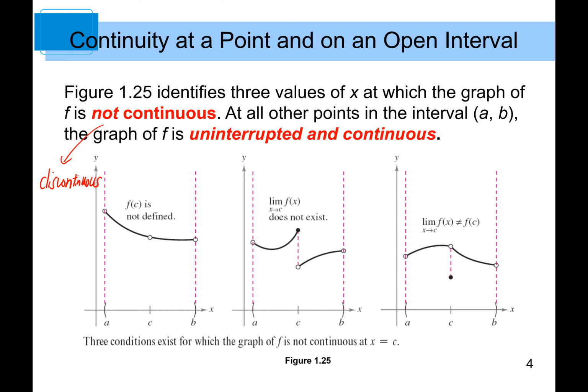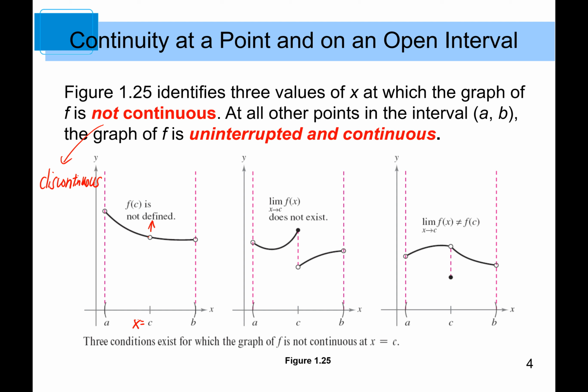Okay, so the first scenario is we have an open interval (a, b), and that's a hole for this part of a curve. So at this point, f of c is not defined. That means it's discontinuous, or not continuous, at x equals c.